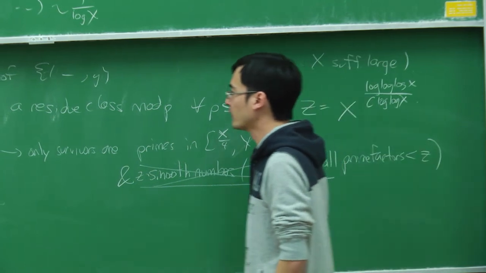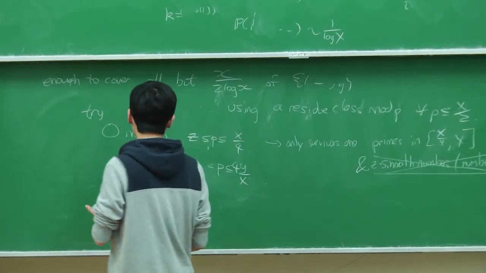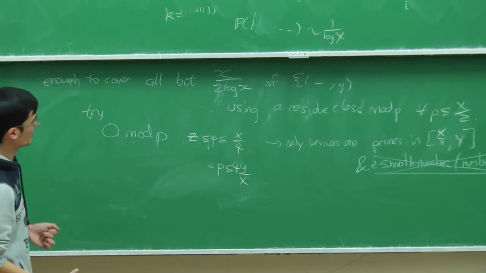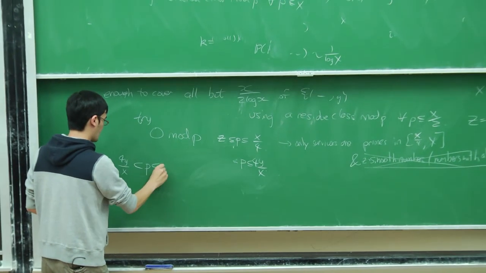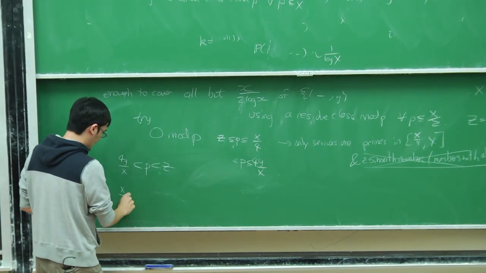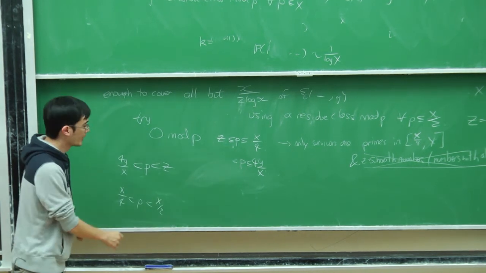These are already negligible. So now you have two remaining sort of rounds of ammunition you can play with. There's these medium primes, and then there's still the very large primes that you can play with.